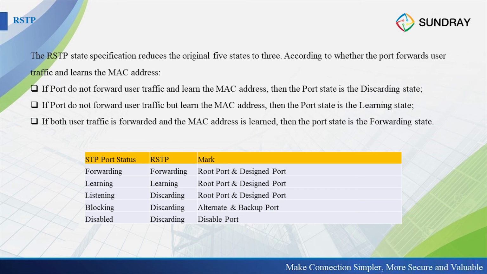From the perspective of the user traffic, the alternate port provides another switchable path from the designated bridge to the root, as a backup for the root port. The backup port serves as a backup for the designated port, providing another backup path from the root bridge to the corresponding network segment.